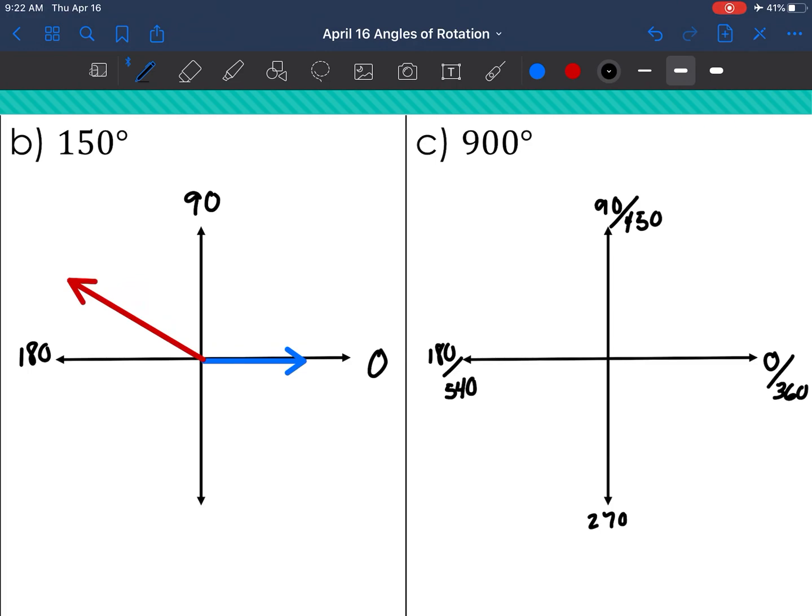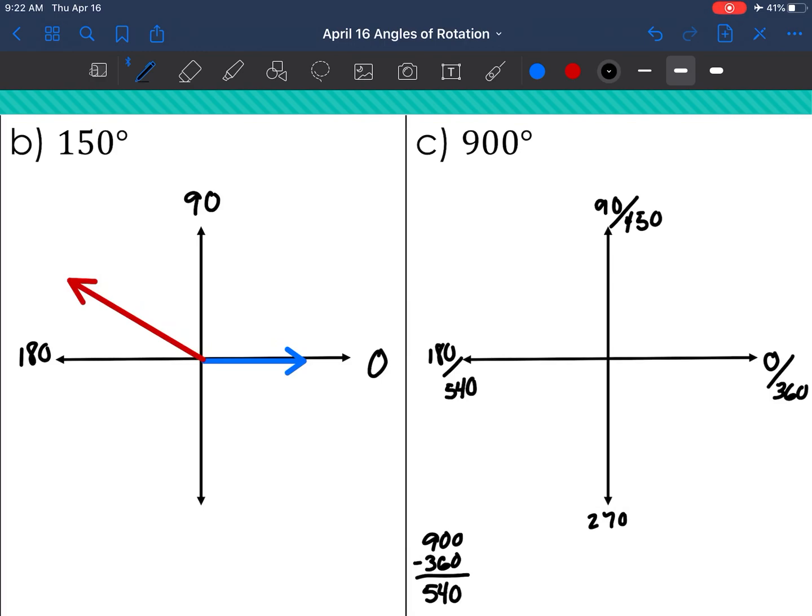I always have kids just divide how many times 360 degrees goes into 900. Or I've seen some kids take the 900 degrees and then subtract 360 from that. So if you subtract 360, a full rotation, you get 540.